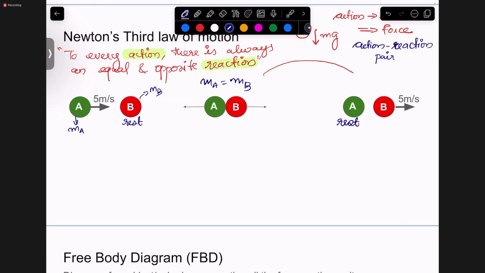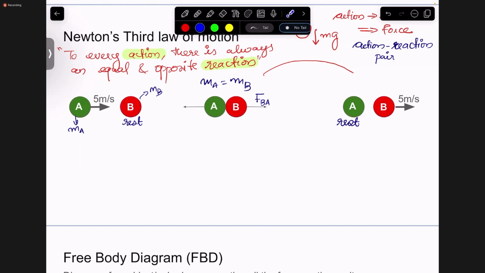Let's call that push FBA. FBA means the force acting on B due to A. This FBA is what causes B to move with a uniform velocity of 5 meters per second.